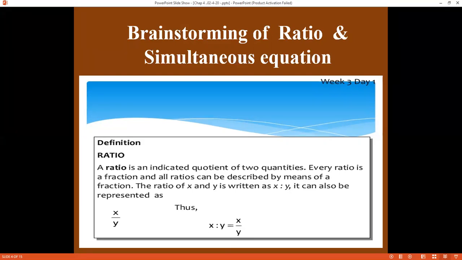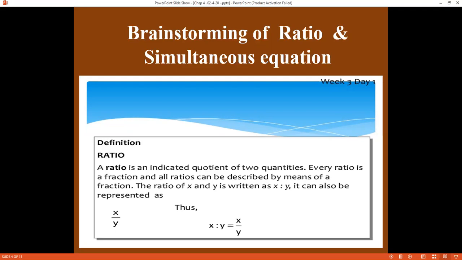You have done ratio questions in the seventh class, like ratios in triangles and different quantities, because we use ratios in different fields, like in the medical field, ratio of death, ratio of new birth. All these things we compile with the help of ratio. So this is the ratio.